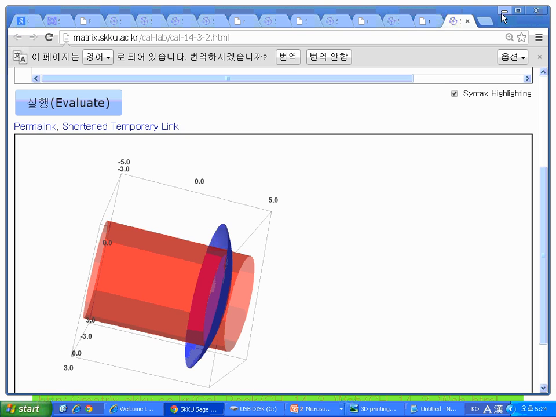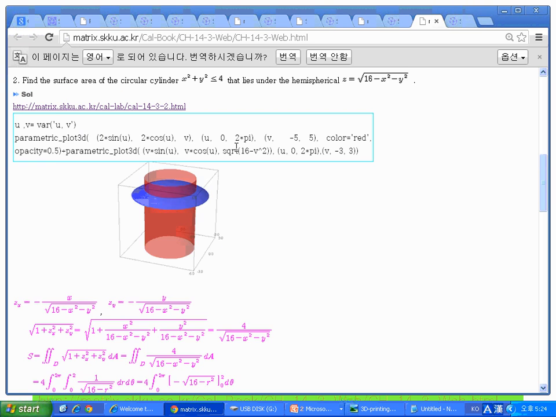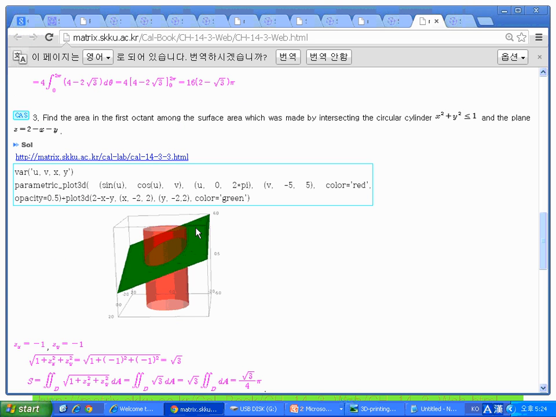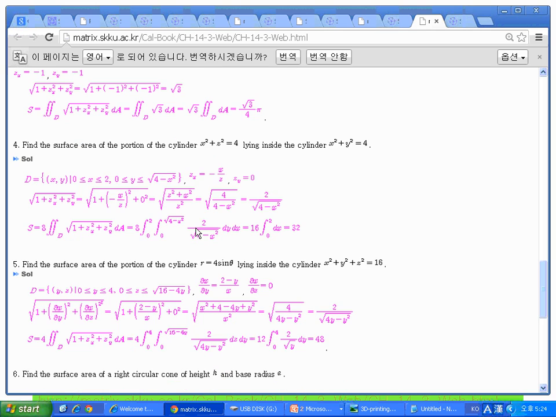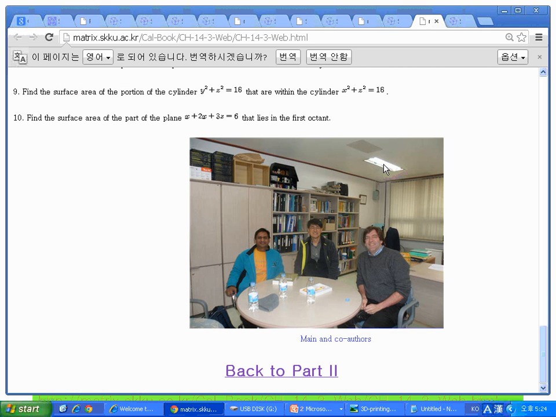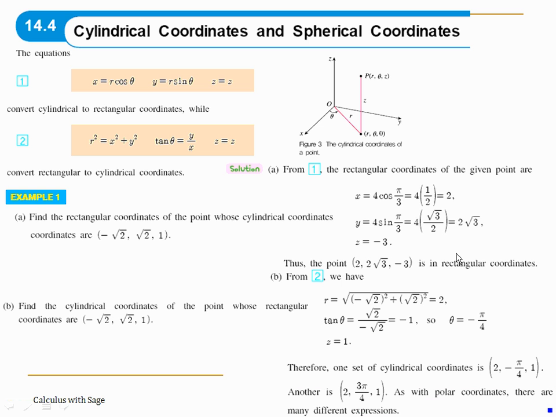We are looking for the surface areas in rectangular coordinates and polar coordinates. Okay, I think that's the end of this section. We will continue with section 14.4, and if you have any questions, feel free to ask me now.